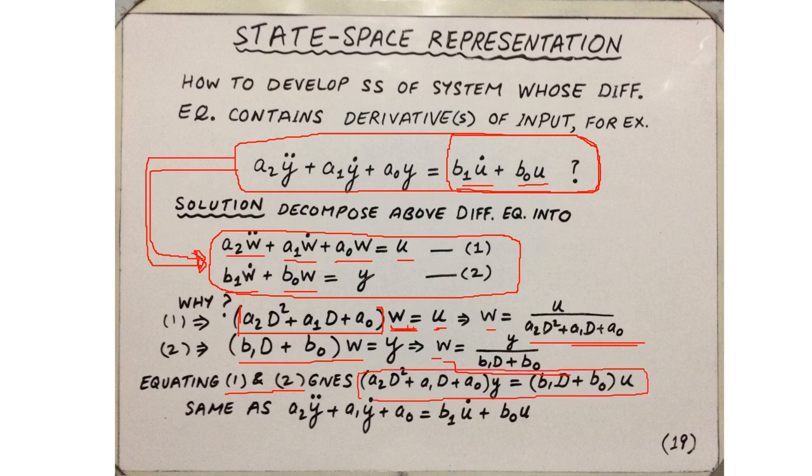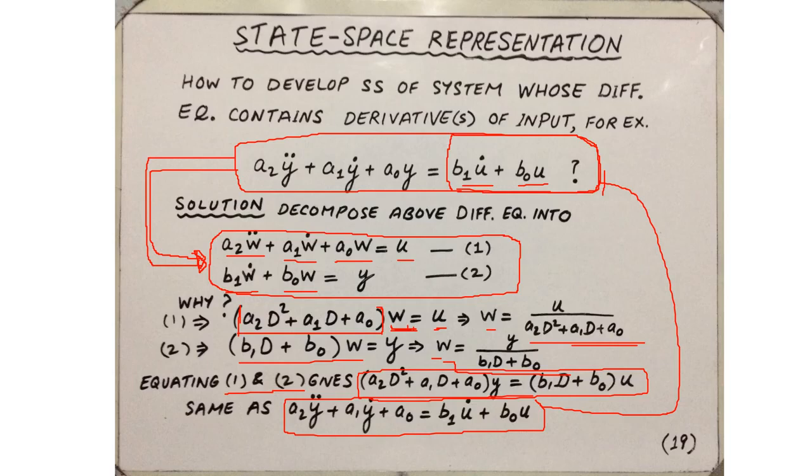And if you convert this derivative operator back into the derivative, then this gives you the actual differential equation that we started with. So this proves that this equivalence is correct.